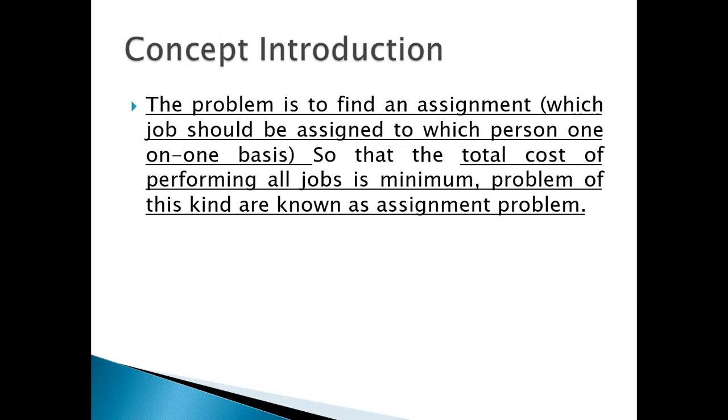So this is a special kind of assignment problem. By adjusting the resource constraints in such a way, we have to find out whether the total cost for doing all the activities is optimized to the minimum level.